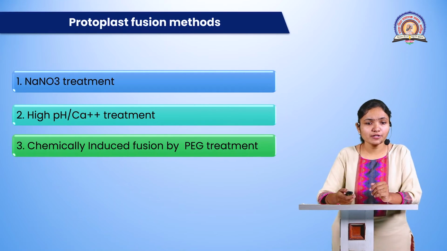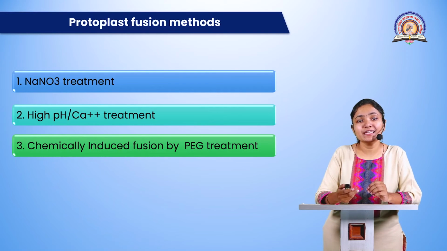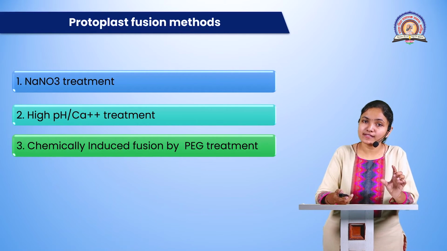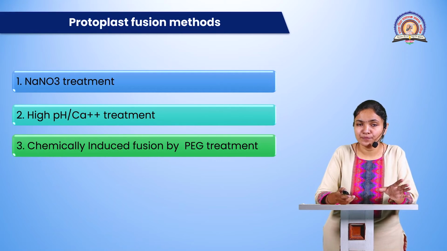Now, the third method here is your PEG method, polyethylene glycol method. This particular PEG chemical is also very helpful for fusion. Why? Because if you add polyethylene glycol in a suspension of protoplast, one phenomenon you can see, that is something called agglutination.